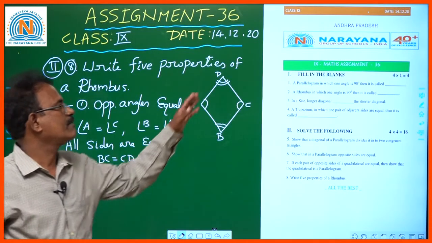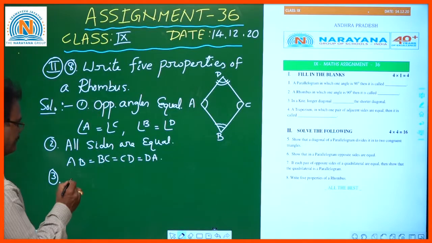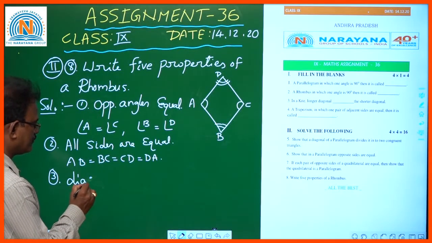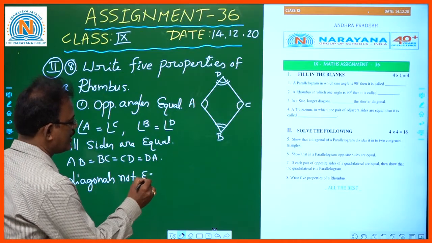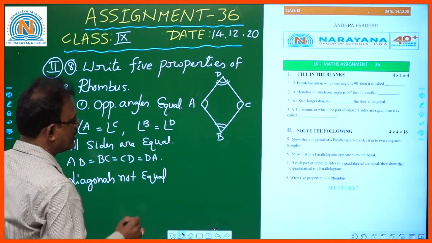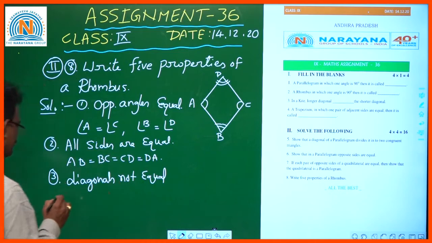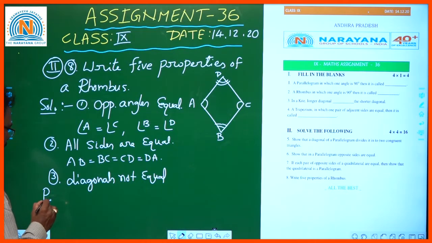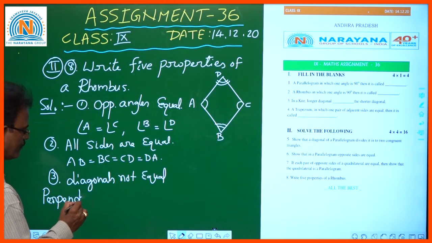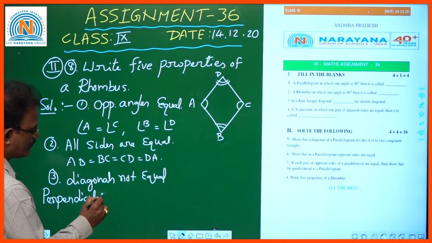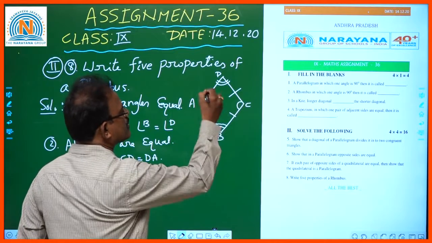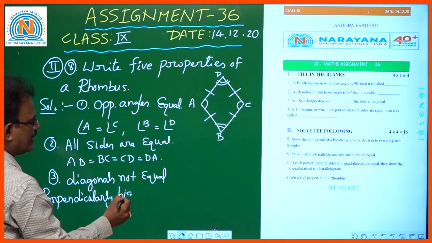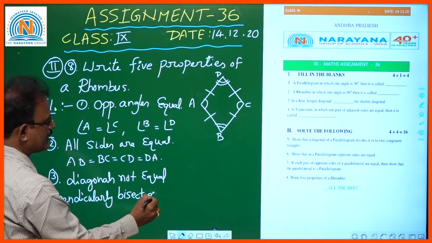And the third one is diagonals are not equal, and perpendicularly bisect each other.